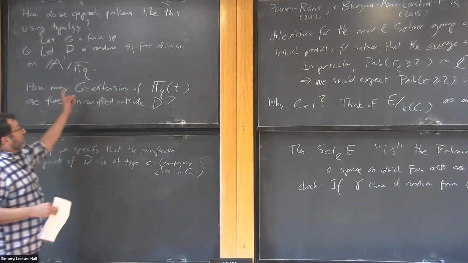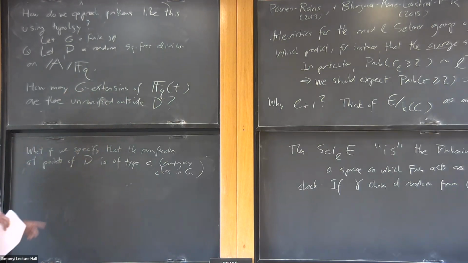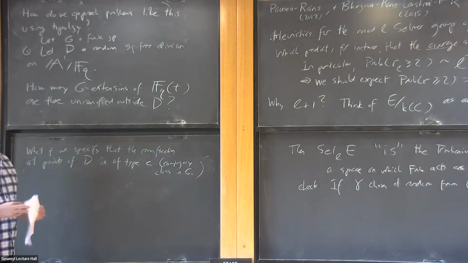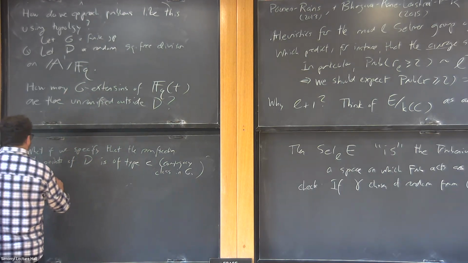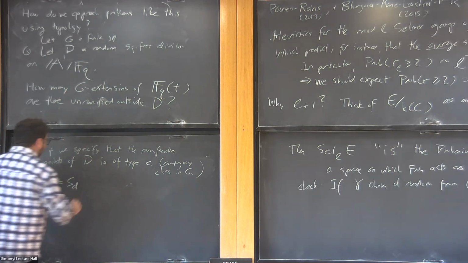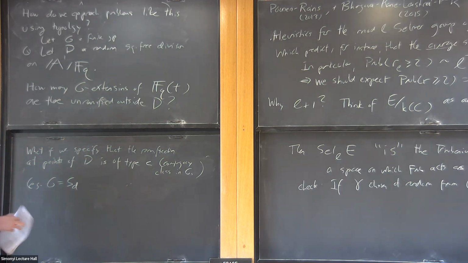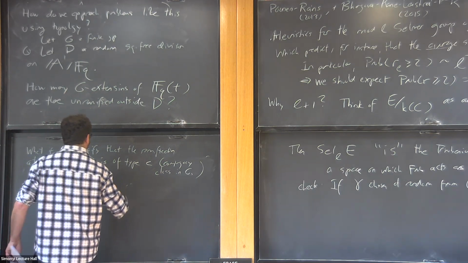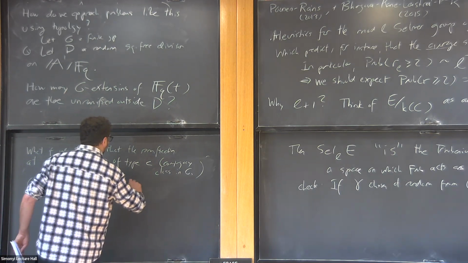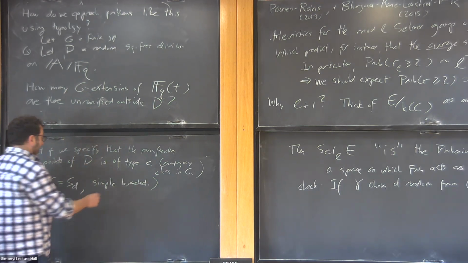Because this cover may be branched at D, and I may want to keep track of what the monodromy is there. A running example to keep in mind is the generic case, extensions whose Galois group is the symmetric group, and then I require that these covers be simply branched, which is the typical thing we do in algebraic geometry.